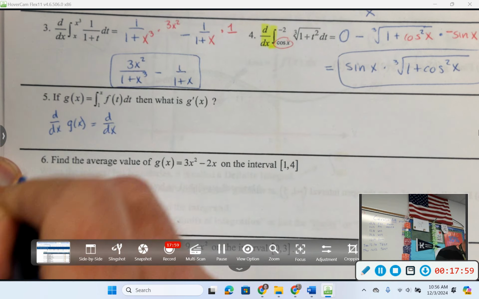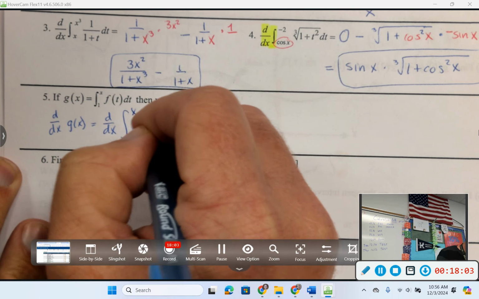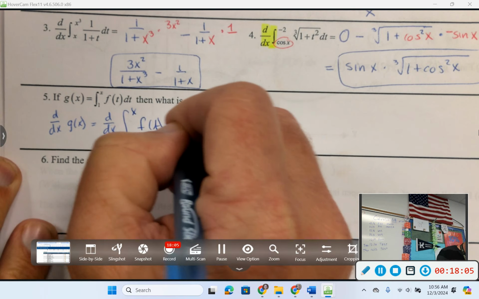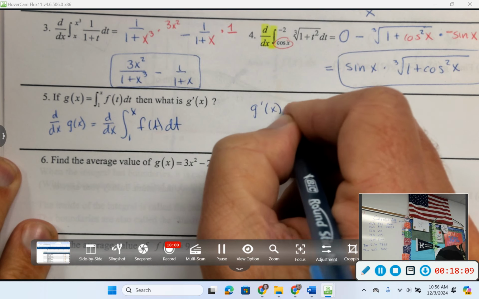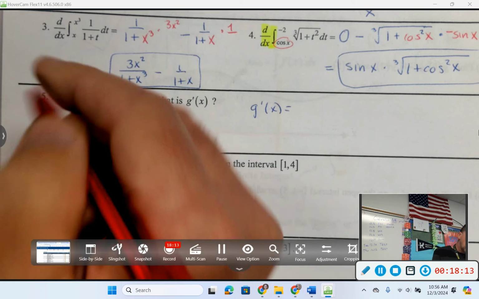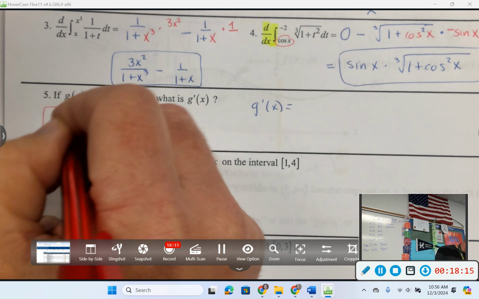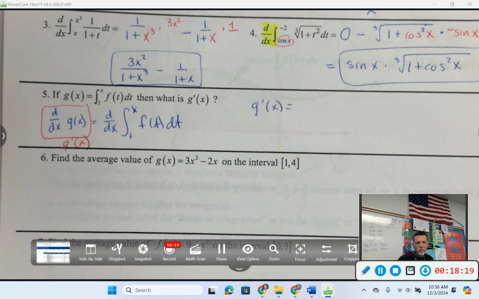Of the left side, because that'll get me g prime. And then we'll worry about what happens on the right side in a minute. Slow it down. Take a derivative of both sides. That way g prime shows up.